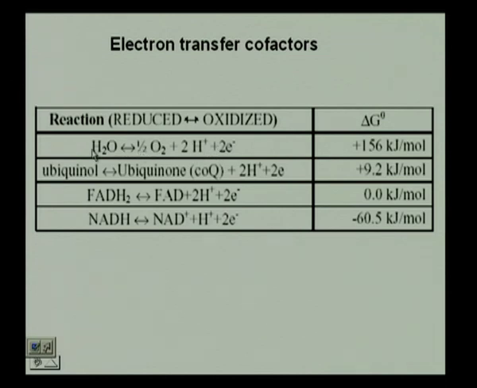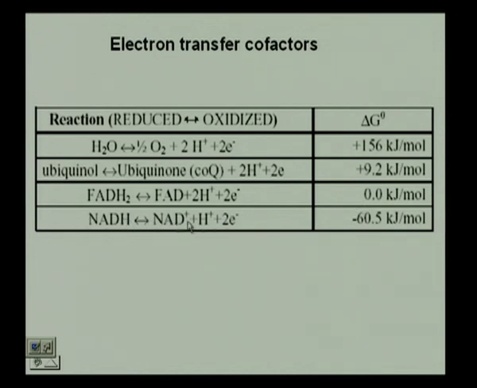For H2O, the reduced form, going to half O2 plus 2H plus and 2 electrons, the delta G0 is plus 156 kilojoules per mole. So, if I want to go from water to oxygen, I would need this amount of free energy change. FADH2 to FAD plus 2H plus and 2 electrons is 0.